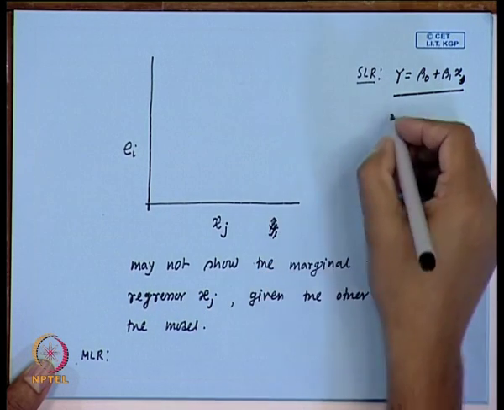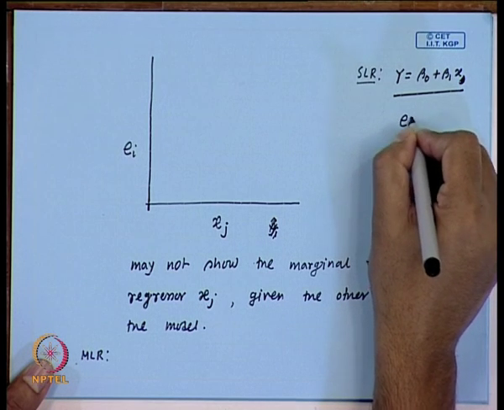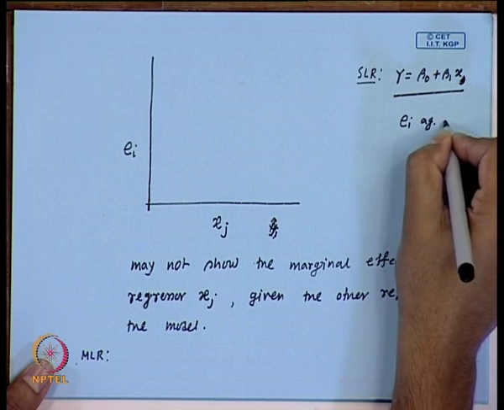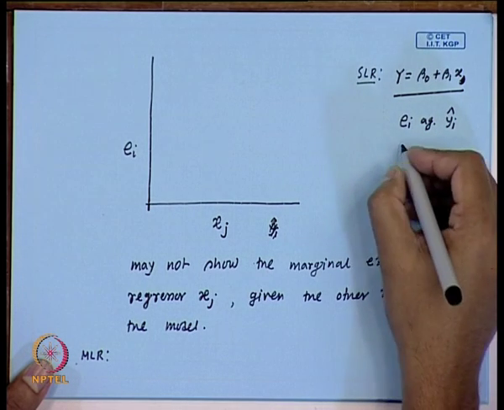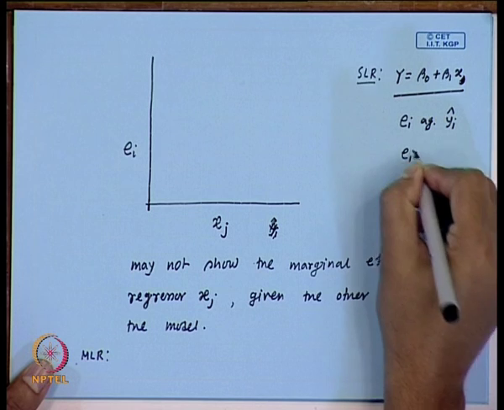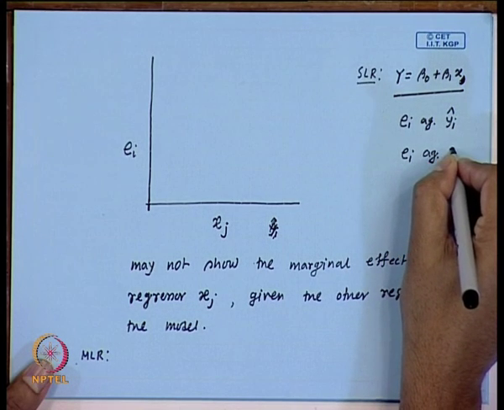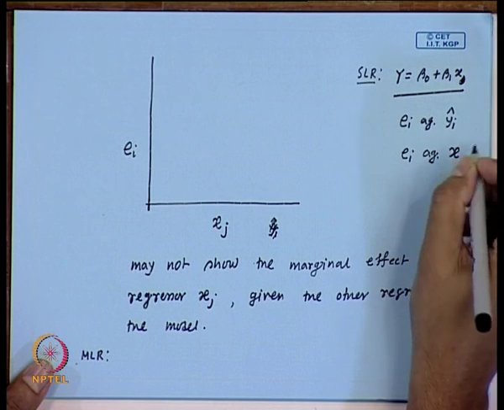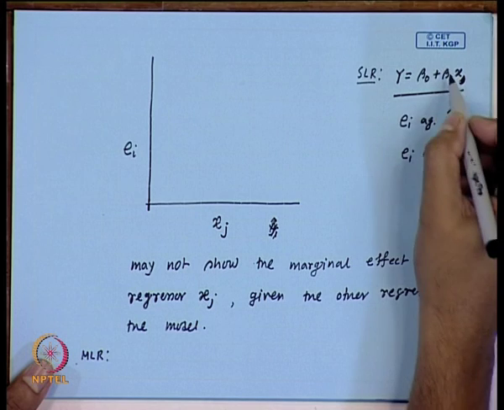Those two cases are the same, because there is only one regressor and they are linearly related.